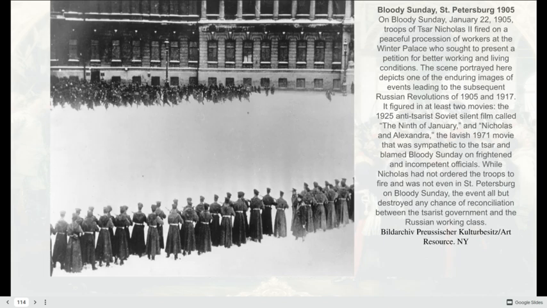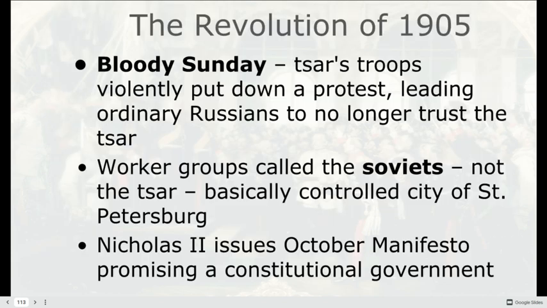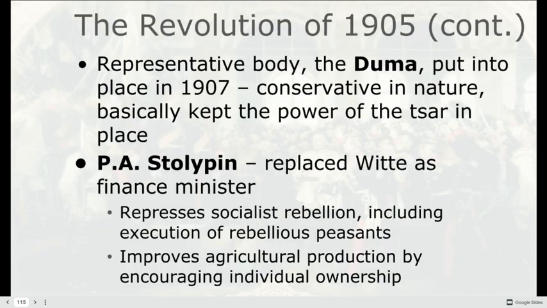The new Tsar Nicholas II put forth a manifesto promising a constitution. Eventually, a legislature known as the Duma, D-U-M-A, would be introduced, but it would have limited power.